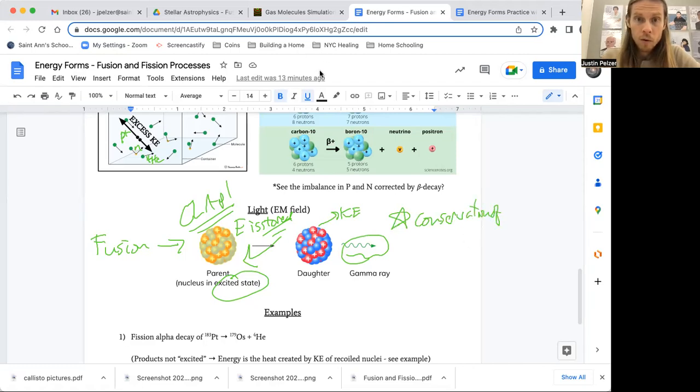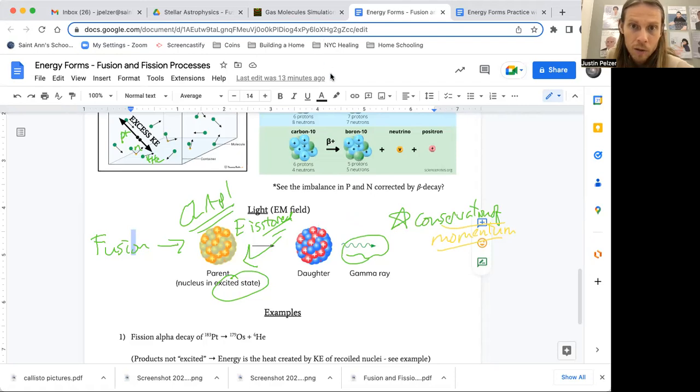Means that one thing goes one way, one thing goes another way. Change colors, it's all good, right? So this is actually, I'm going to erase this.